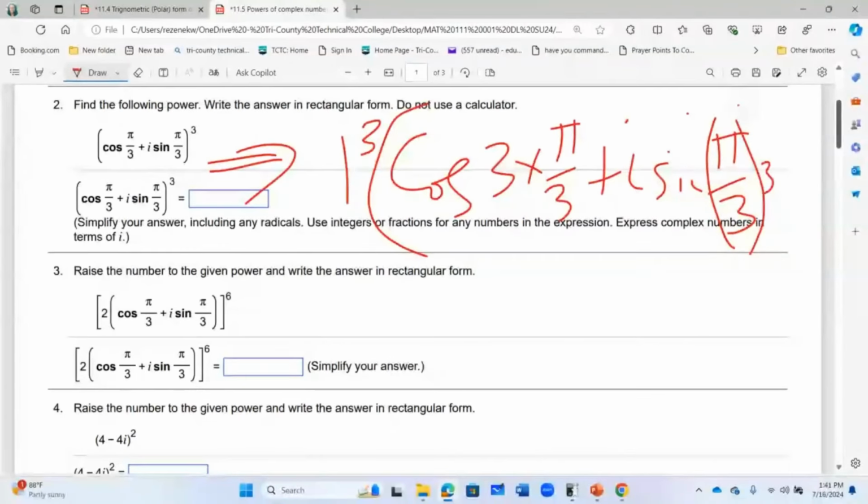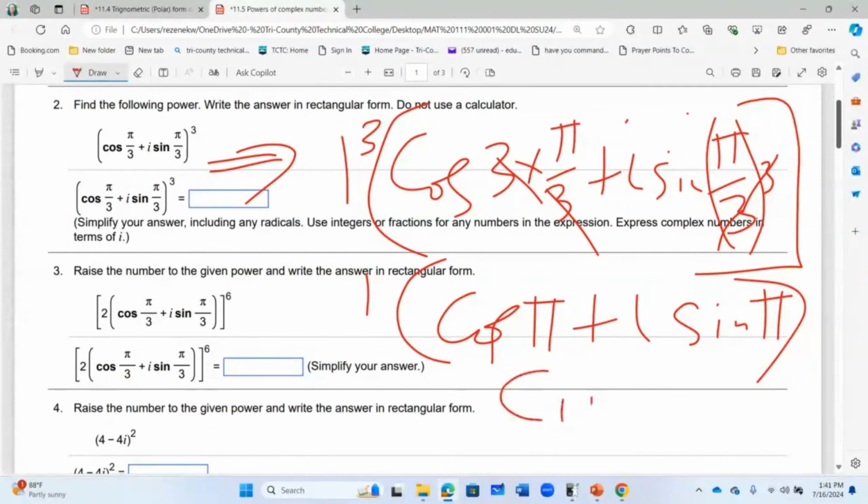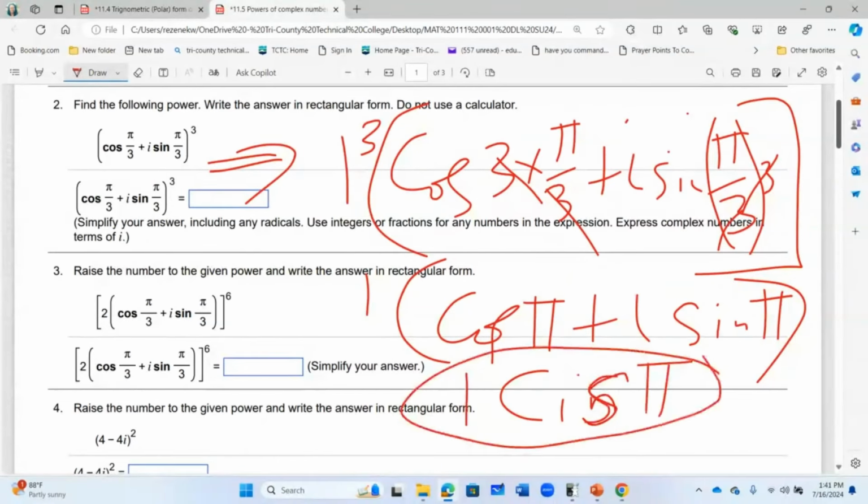And finish up. 1 raised to power 3 is 1. I have 3 cancel pi over 3. I got pi there. So that's 180 degrees. Plus, this cancels, so I have i sine pi. So I get my answer after the expansion. And so I can rewrite this as cis pi, cis pi in radian. Okay, if I write 1 here, I can write 1 cis pi.